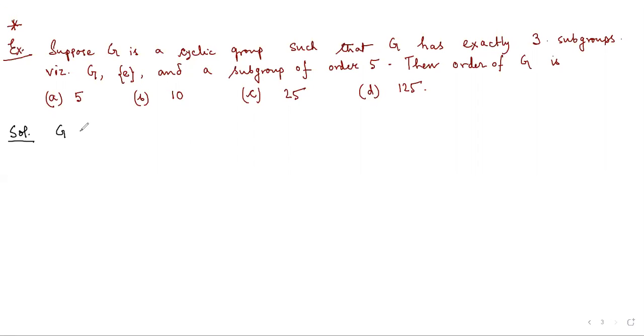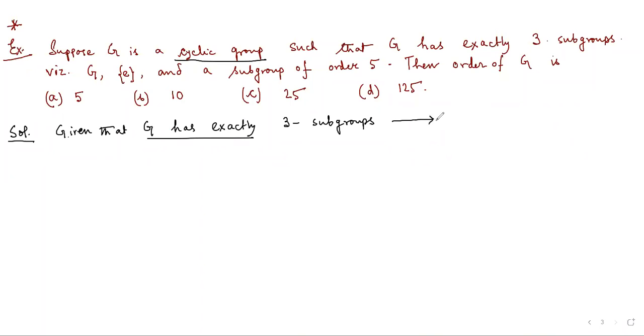G, it is given that the cyclic group G has exactly 3 subgroups. G is cyclic, remember.